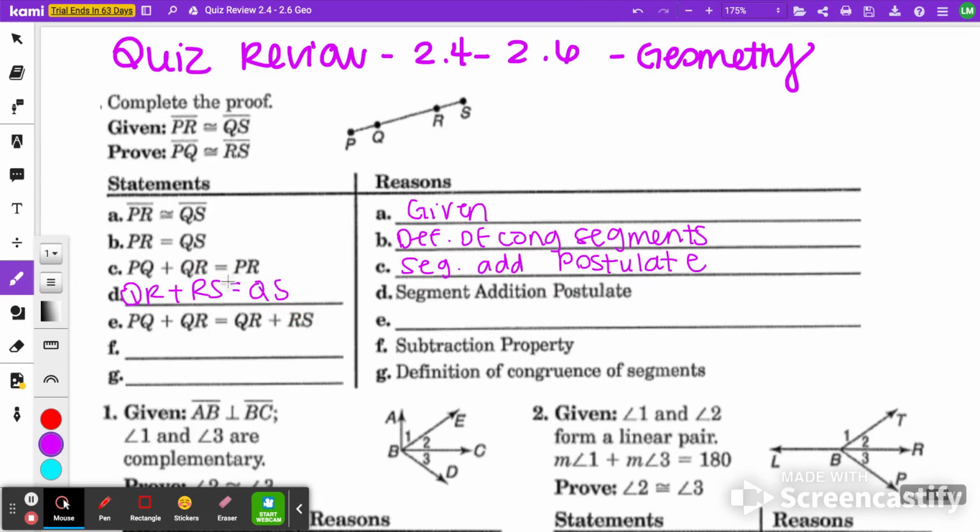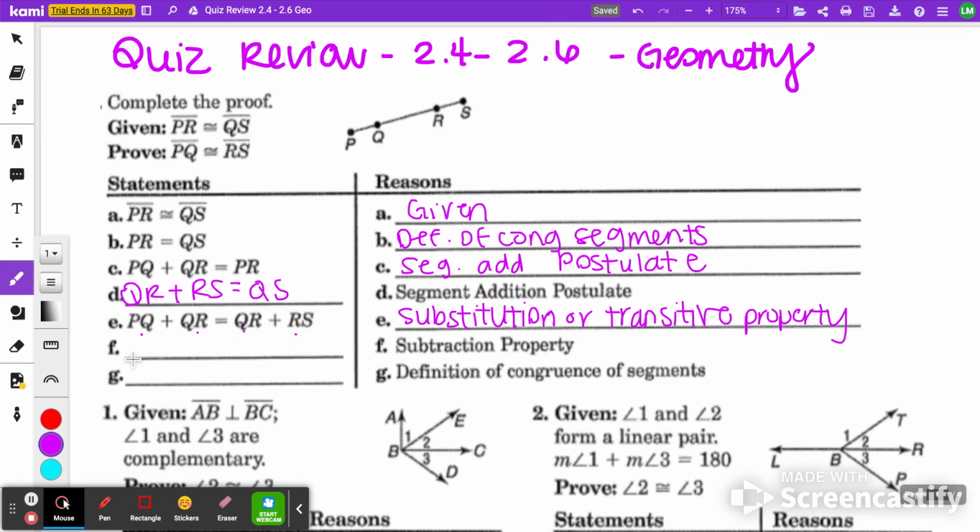Okay, now that we have that, we know that PQ plus QR is equal to QR plus RS. That would be either the substitution property or the transitive property, just because you are stating that both of these are equivalent to one another using that middleman.